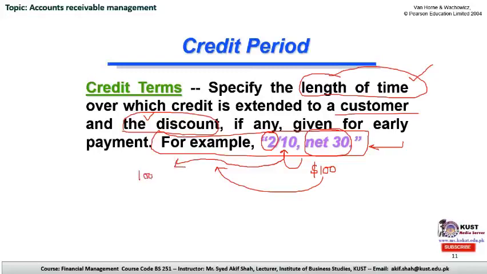So if we multiply 2% with 100 total obligation, we come up with $2 of saving. It means that if a credit customer pays out its obligation, not on accounts receivable but actually on their purchases, the company will offer them $2 of discount, and rather than collect the complete $100 against their sale, the company will receive only $98. So such kind of terms and conditions are known as credit terms.